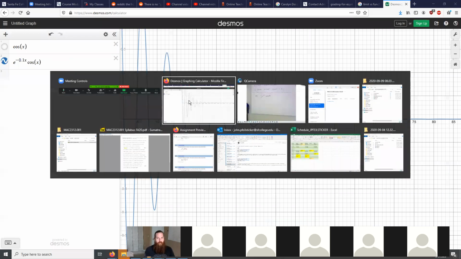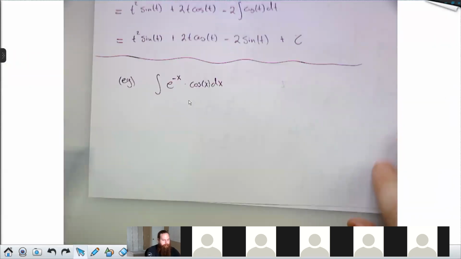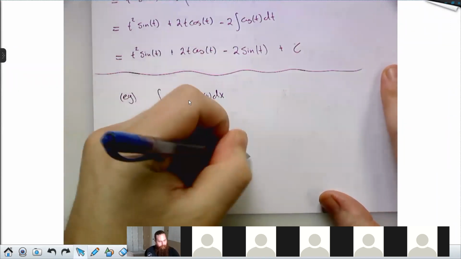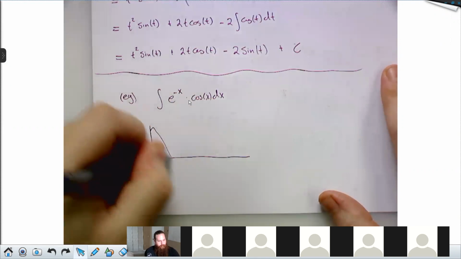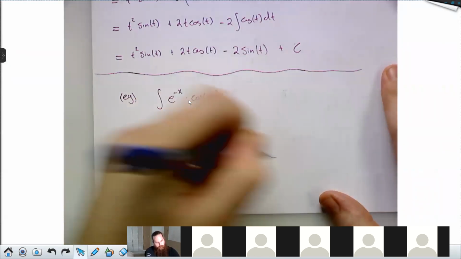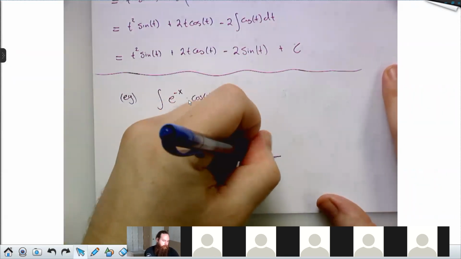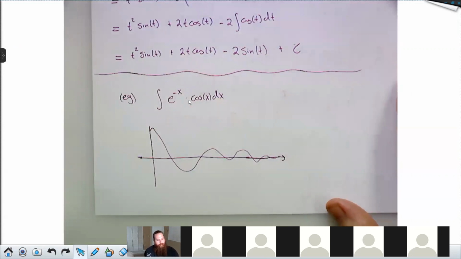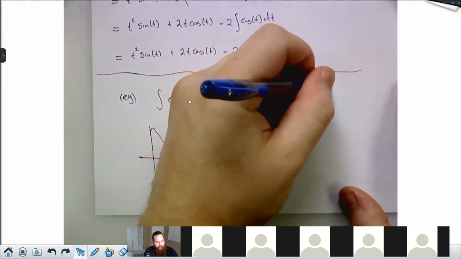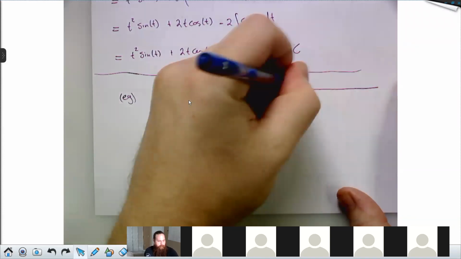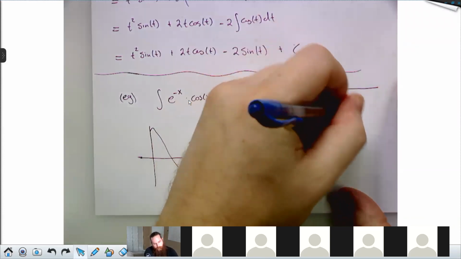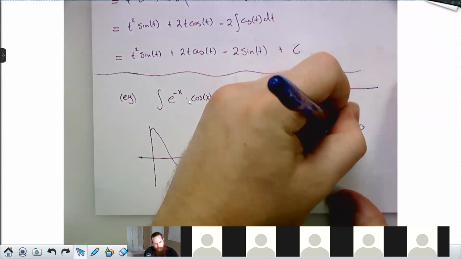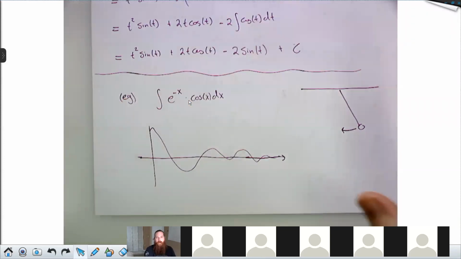Think of this like a pendulum with a dash pot. Something like this. So where do you see this sort of behavior? If you had a pendulum hanging from a ceiling, swinging back and forth, so it's got some mass here. And you put, do you know what a dash pot is?